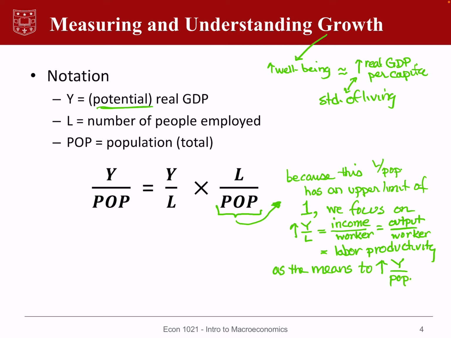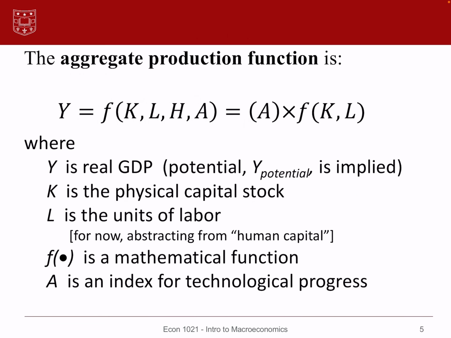And so our question for today is, what are the things that will increase output per worker, labor productivity, and what more can we say about them? To get at that, we identify the economy's production function. So the aggregate production function.